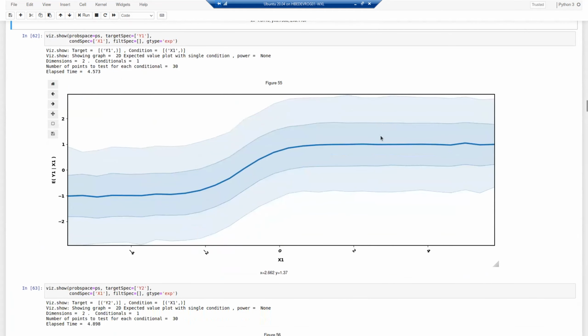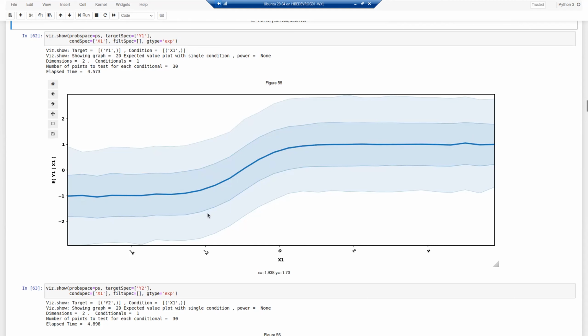This is another way to look at conditional probabilities on a two-dimensional graph. The dark blue line indicates the expected value or mean for any given value of x1. It shows you the expected value of y1 given x1. And again, you see the hyperbolic tangent shape clearly.